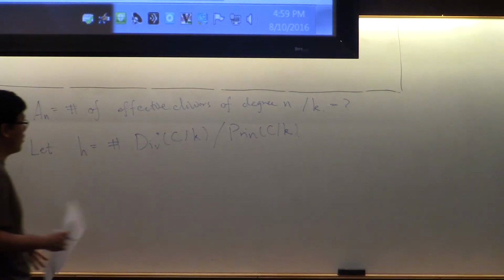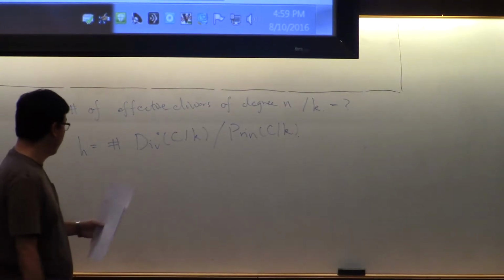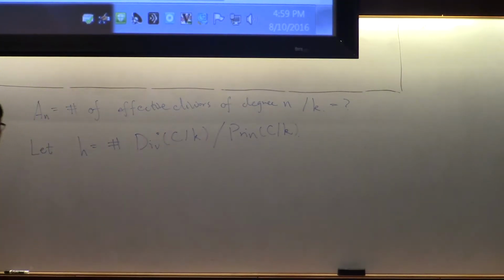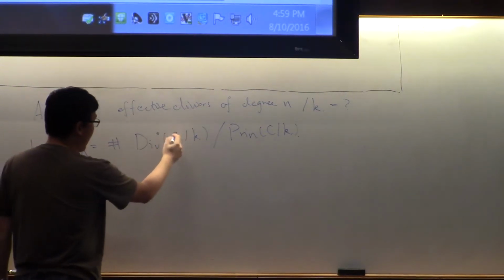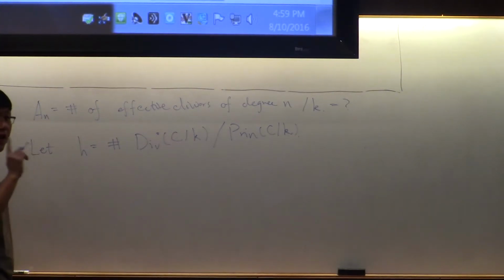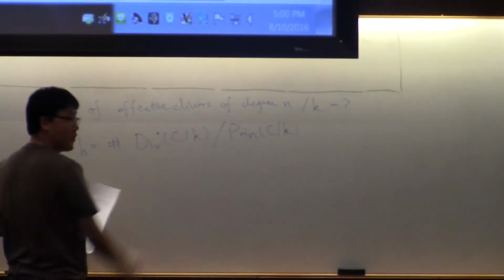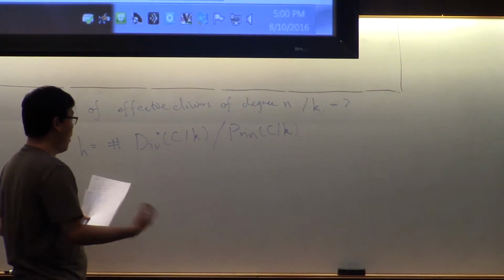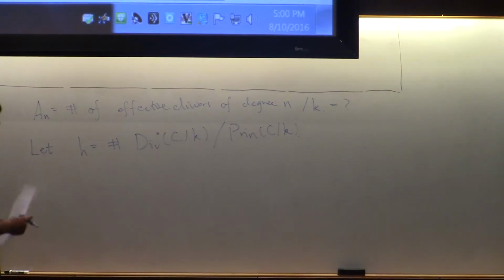It turns out that the quotient is a finite group, and its cardinality is denoted by h. This is only true for smooth projective curves defined over a finite field. The finite field condition is very important. In general, if K is an algebraically closed field or an infinite field, this is not true.